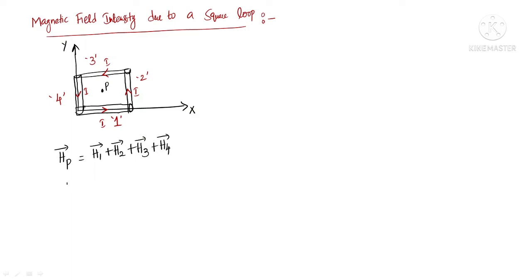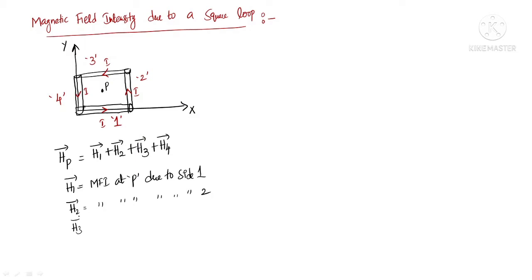So what is H1 bar? H1 bar is nothing but the magnetic field intensity at point P due to side 1. Similarly, what is H2 bar? It is the magnetic field intensity at the same point due to side 2.